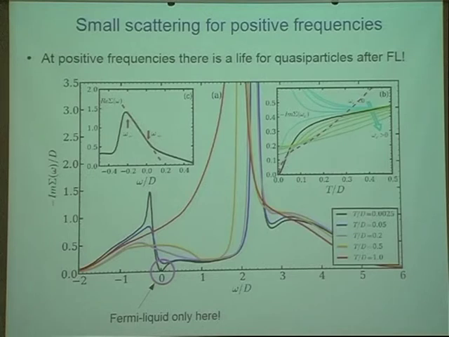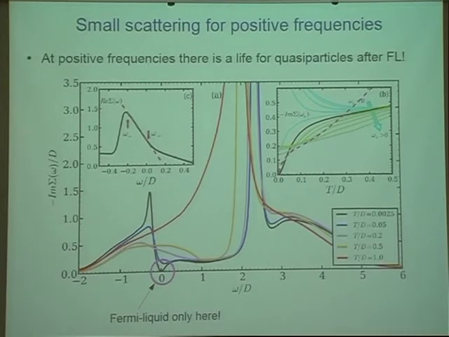I didn't quite understand. Is there a simple reason to understand what brings this asymmetry? Yeah, well, I'm coming back to this in a bit. One question I have: sigma doesn't depend on frequency very much. Is it as if there's some static scatterer?